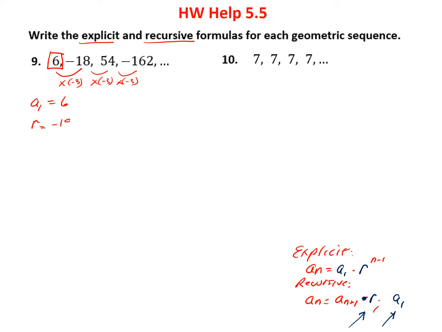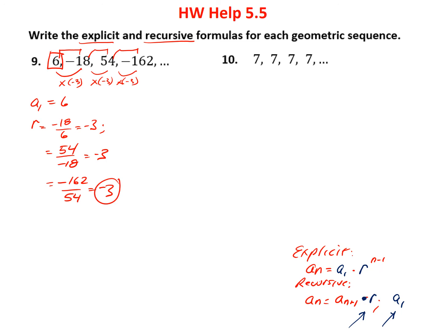You take minus 18 divided by 6, and you get minus 3. You can take 54 divided by minus 18, and you get minus 3. You can take negative 162 divided by 54, and you get minus 3. Notice each time we're just taking this, dividing it by this, dividing it by this, dividing it by this. So there's our common ratio.